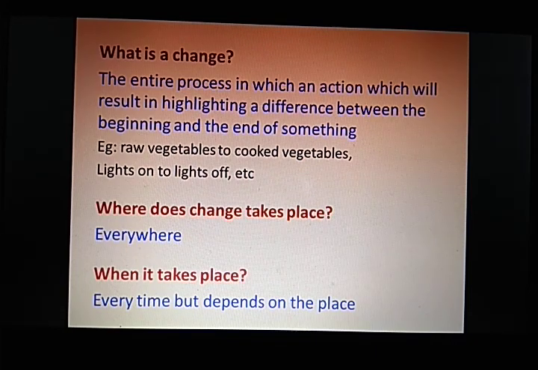This change can take place everywhere, irrespective of the location. There is no specific site where we can say that at this site a change takes place and at that site no change takes place. No, it's definitely not. Each and every place a change can take place. So everywhere a change can happen.